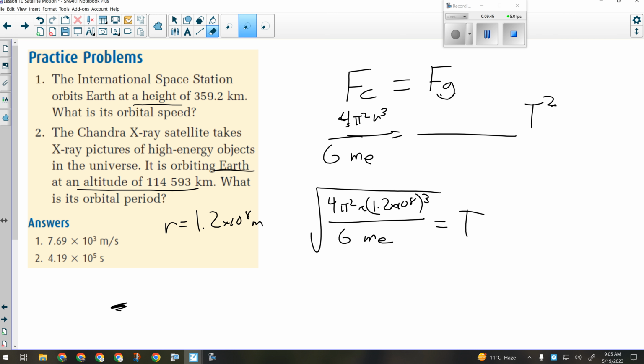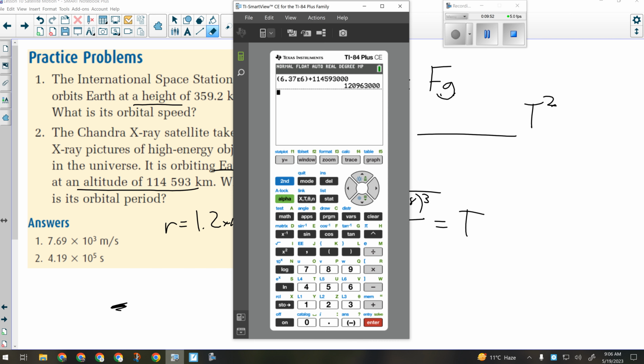Is that all right? It is, because it's in seconds, exactly. So we're going to have 4 pi squared times that number there, cubed.